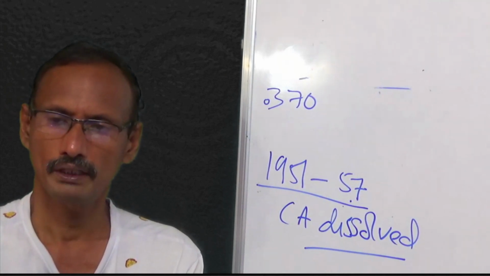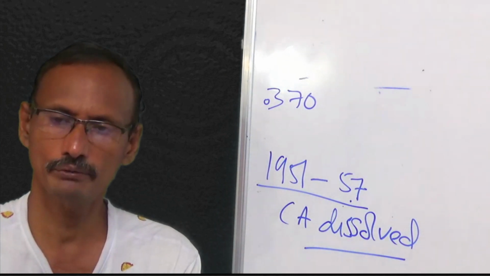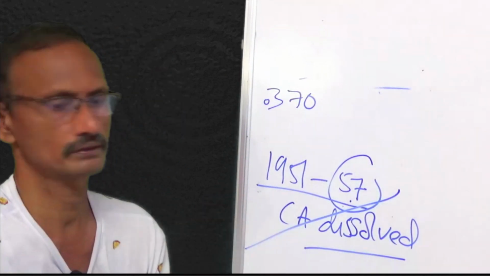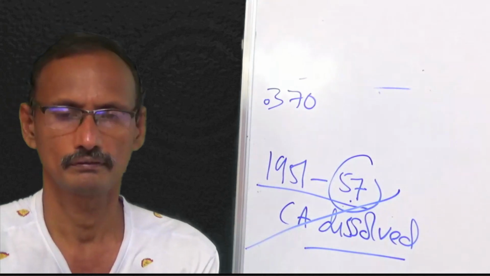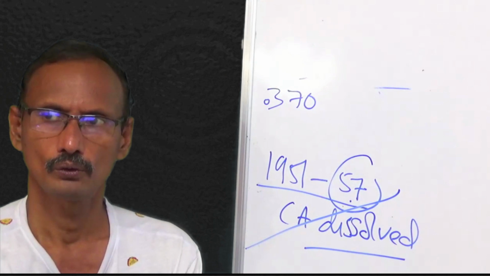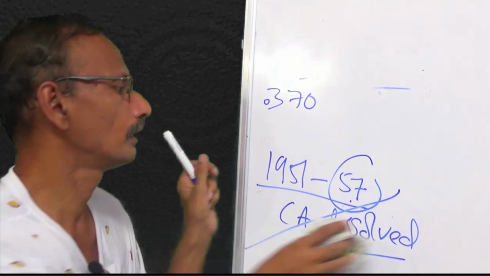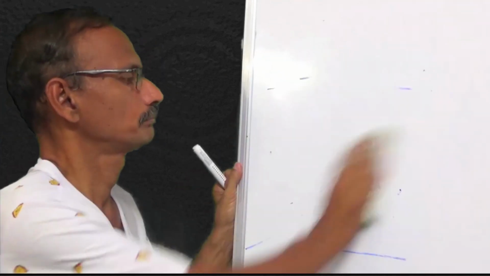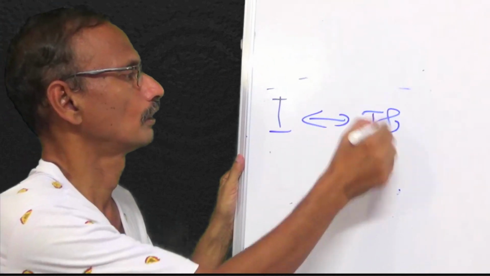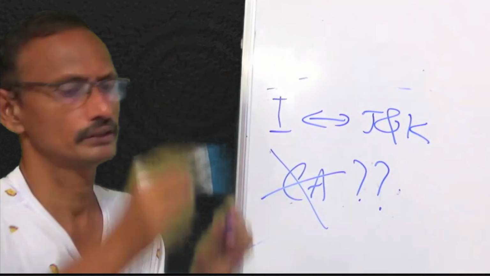So Parliament can pass laws, constitutional provisions can be applied, but they have to be approved by the Constituent Assembly, and the Constituent Assembly is not there after 57. So how can the relationship between India and Jammu and Kashmir be changed when the Constituent Assembly is not there? This is an issue.